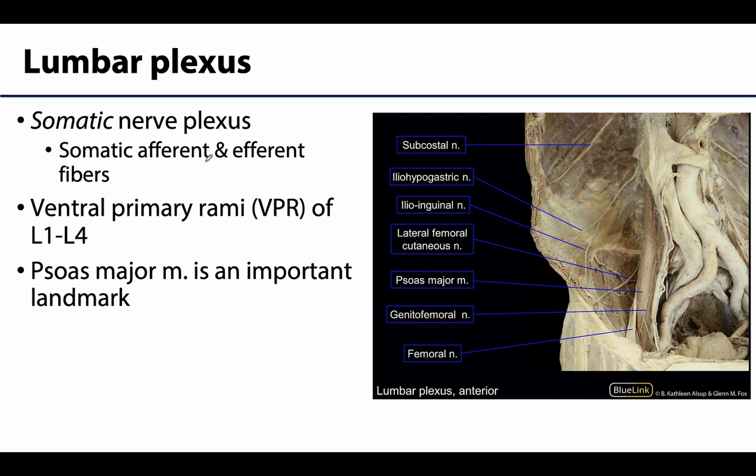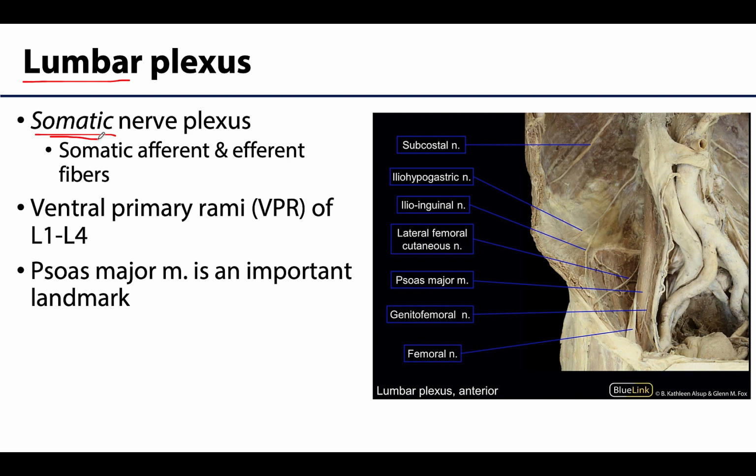The lumbar plexus and the sacral plexus, which we'll talk about in upcoming videos, are unique in terms of what we've discussed so far. They're not necessarily unique in terms of the overall scheme of the nervous system. But these are different in the fact that they are predominantly somatic nervous plexuses.